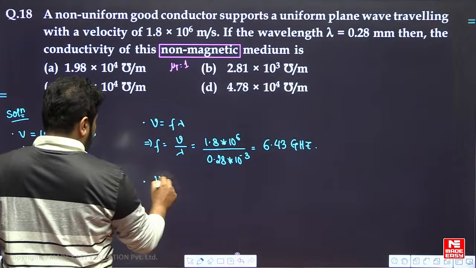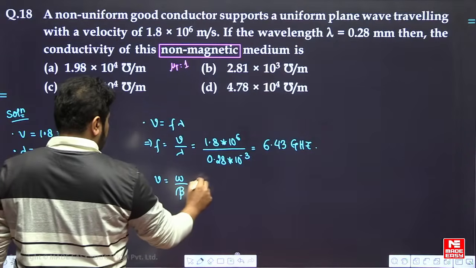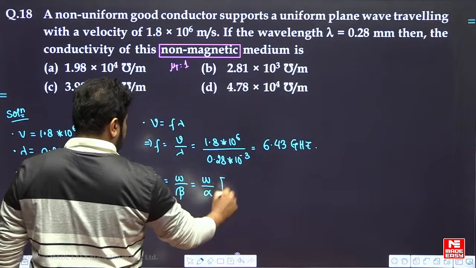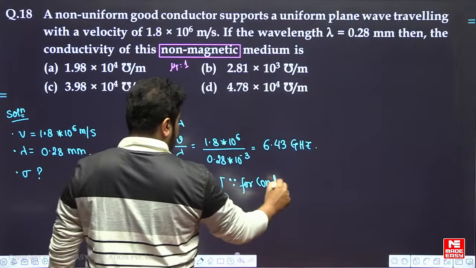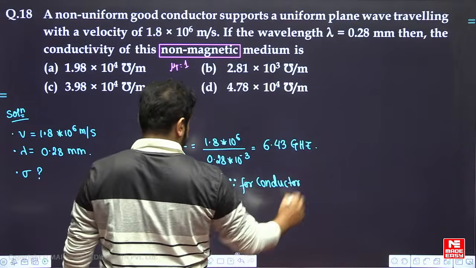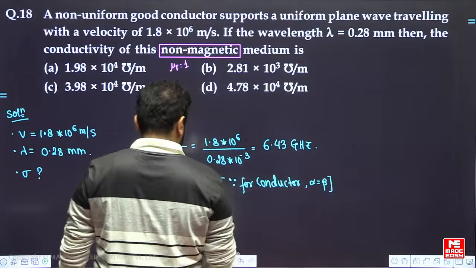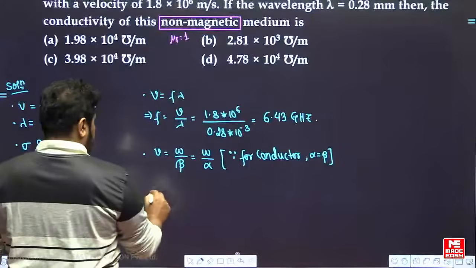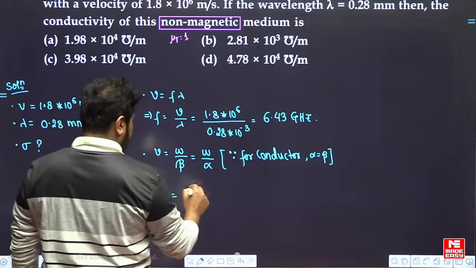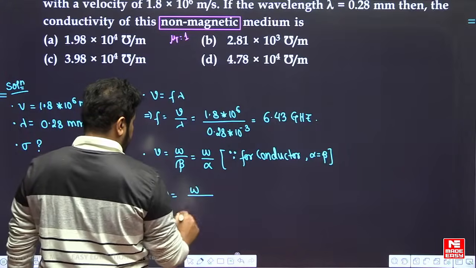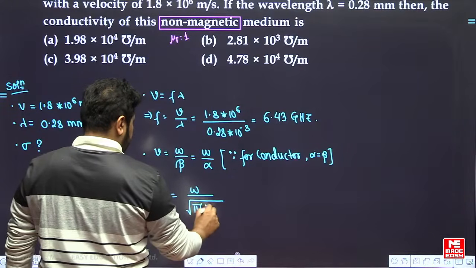Now we know that V equal to omega upon beta. This is equal to omega by alpha, because for a conductor alpha and beta will be the same. So V is equal to omega upon alpha. We have calculated alpha. It is equal to root under pi f mu sigma.